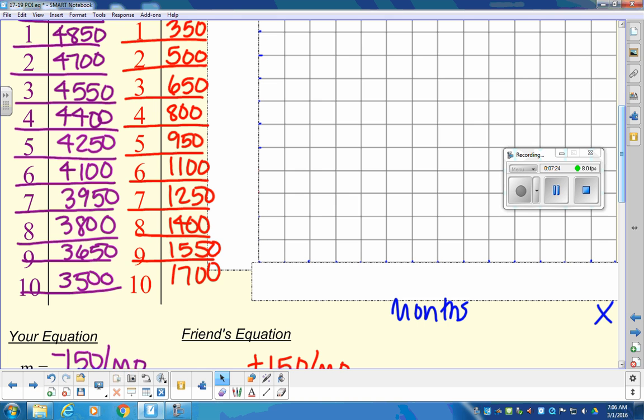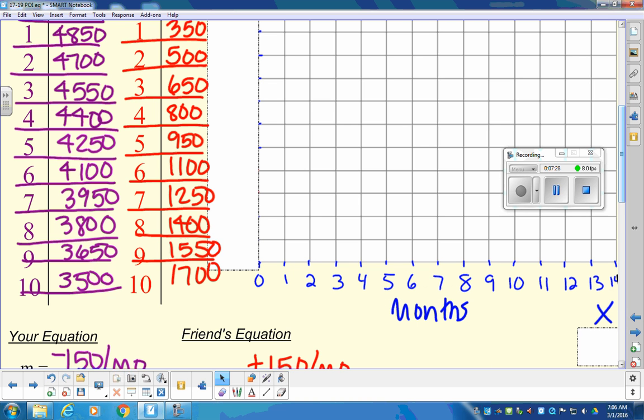Okay, so on our x-axis we range from 0 to 10, so that's not very hard for us to do. 0 through, and I'm going to be able to fit through 14, it looks like. 0 through 14. On our y-axis, my ranges go from 5,000 all the way down to 200, so I got to squeeze all of that in the graph.